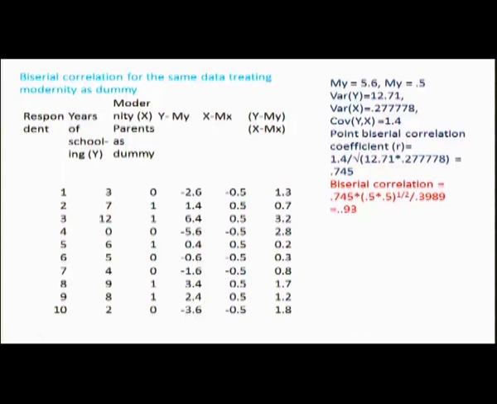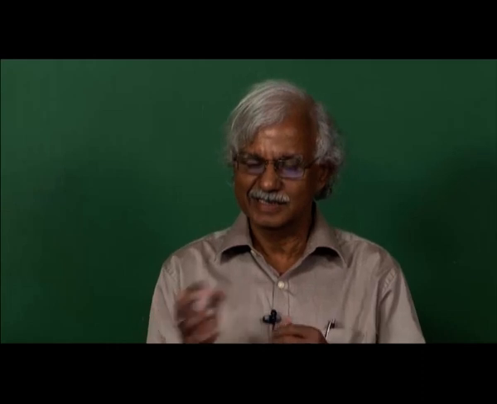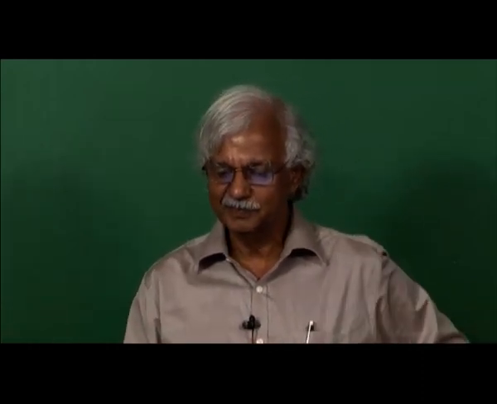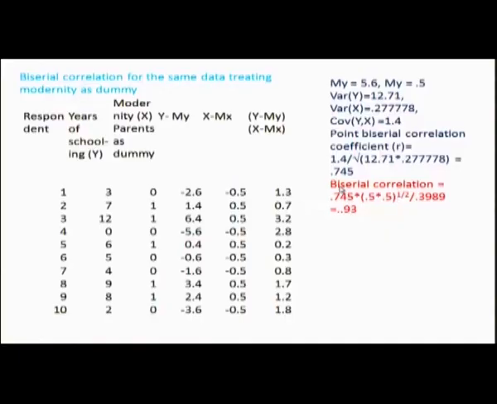So if you treat modernity as a kind of continuous variable, though you have 0 1 dummies, but if you treat it as continuous, then the correlation coefficient should be seen as 0.93 and not as 0.745.